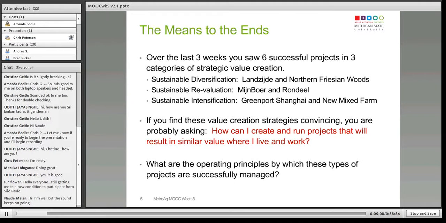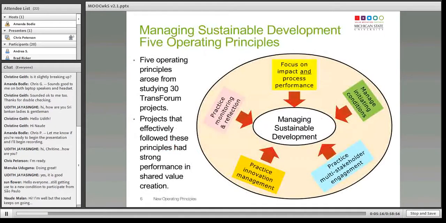Well, it turns out there are 5 operating principles that I observed in my research related to studying the 30 Transforum projects, the 6 that you already heard about over the last couple of weeks, and 24 additional projects.